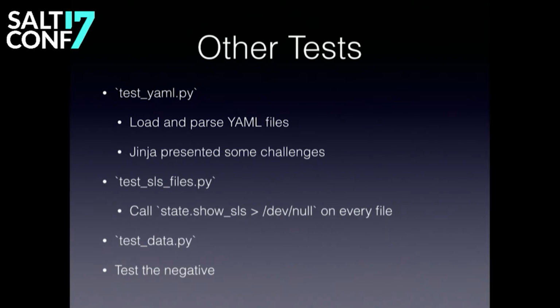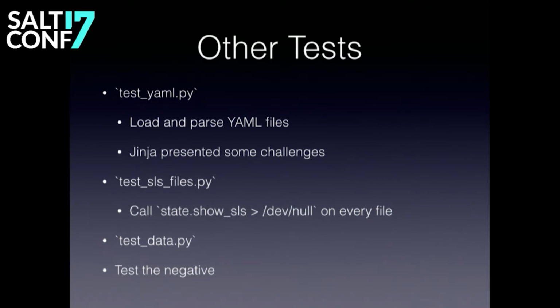Lastly, when you write tests, don't forget to test the negative. How do you know that your code is actually working the way you want? Your unit tests, not your code. How do you know your tests are actually covering what you want? You have to write tests that expose bad data and bad SLS files. The show SLS example is a great example.